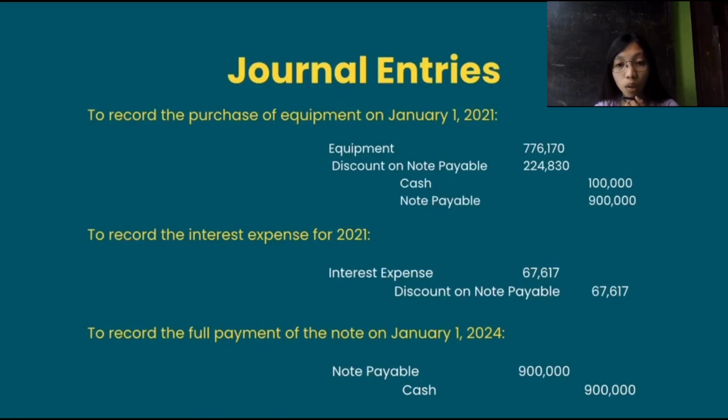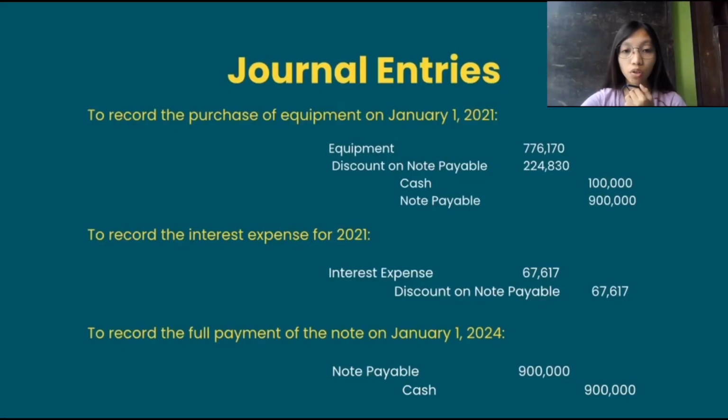And note payable, 900,000. Second is to record the interest expense for 2021. So interest expense, debit 67,617, credit discount on note payable 67,617. The discount on note payable is amortized as interest expense using the effective interest method.